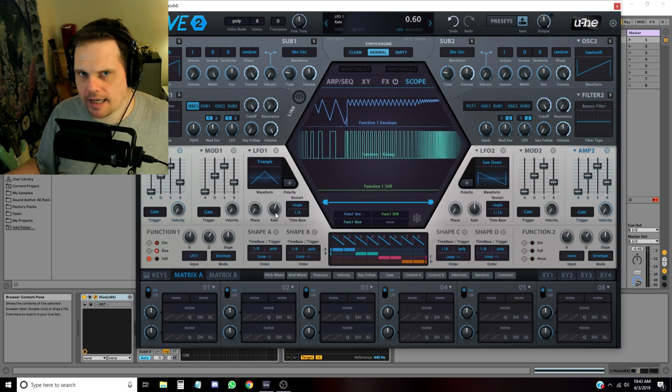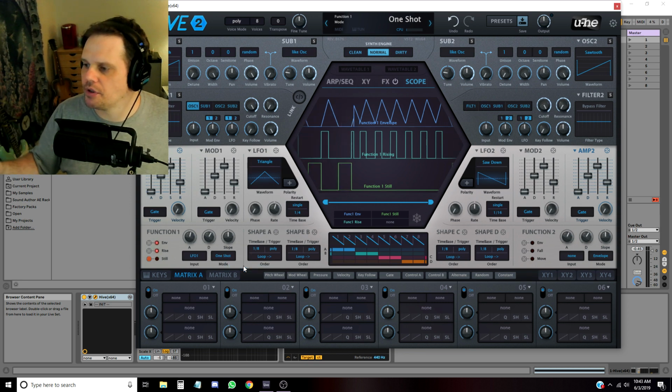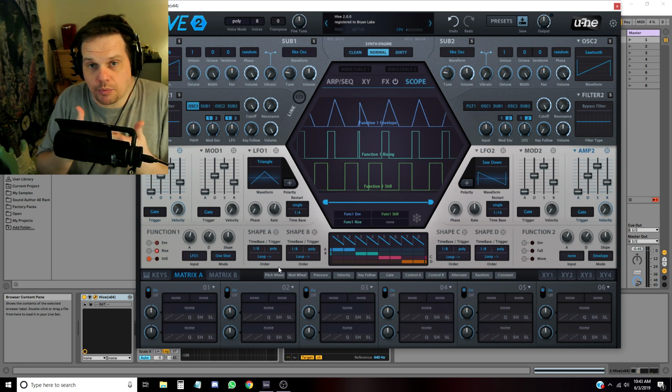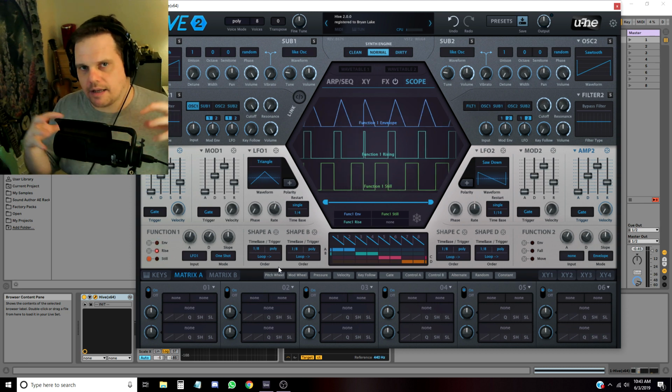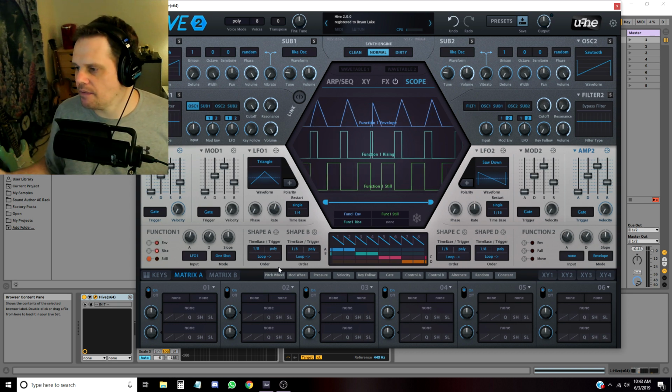Let's say that you don't like that though. There's a one-shot mode that will preserve the attack and decay. It will preserve the duration of the envelope. It will let the envelope complete its decay phase.